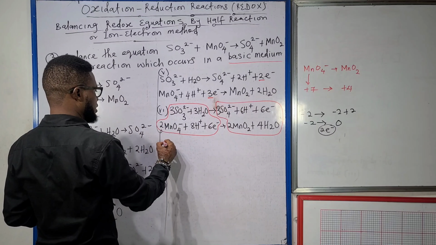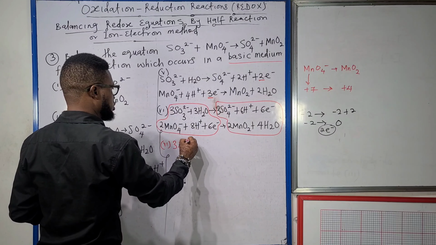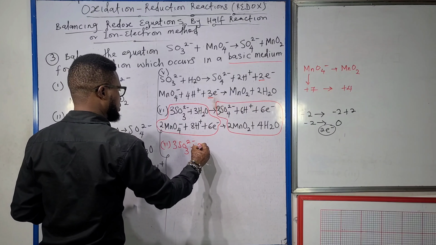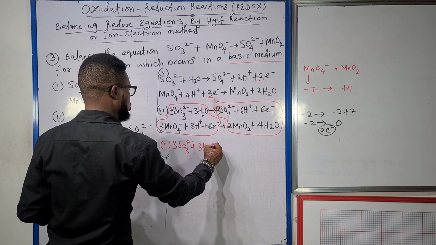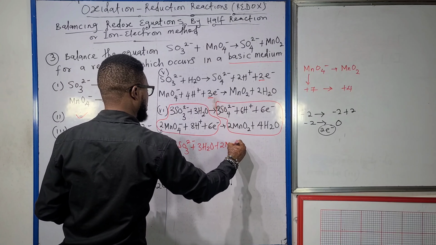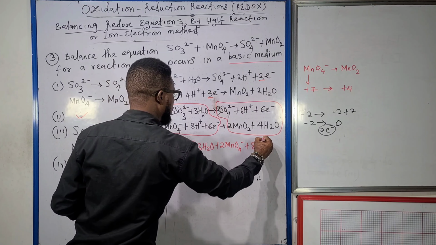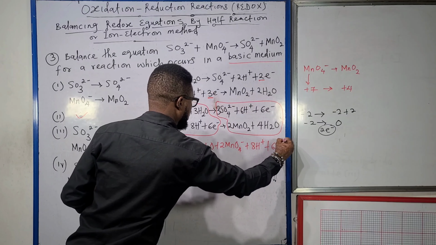So this step 7, that's going to be 3SO3 2 minus plus 3H2O plus 2MnO4 minus plus 8H plus 6 electron minus.